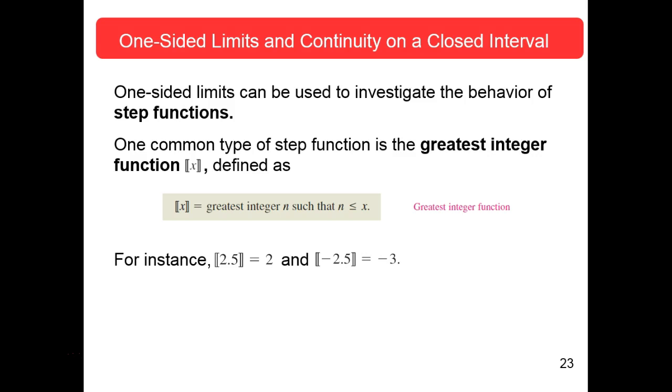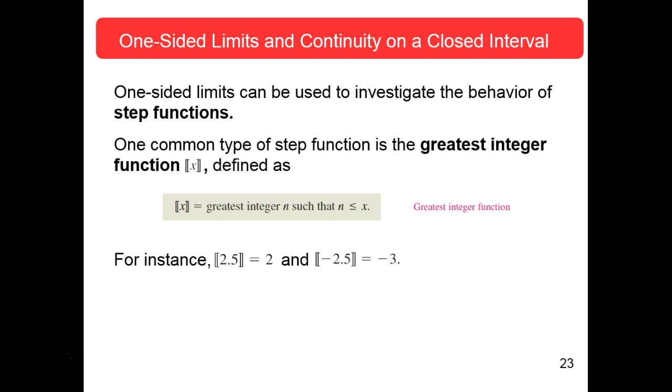The greatest integer function is the greatest integer n, so your output is going to be an integer n, such that n is always less than or equal to x. Okay? So, for instance, what's the greatest integer in 2.5? 2, exactly. Can't have a decimal in it because it's an integer.